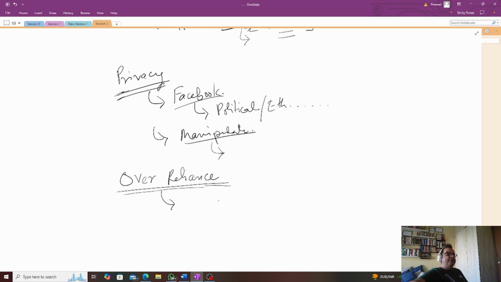Similarly, in a bank, if the model is telling somebody that we should deny a loan to somebody because that person has a very short history of stay in a particular country.